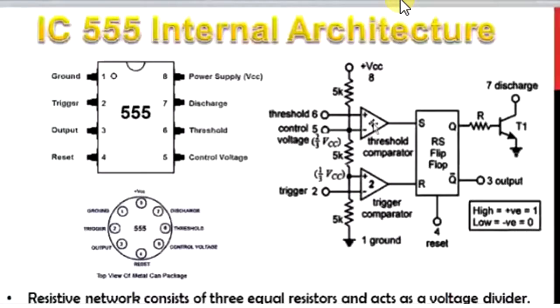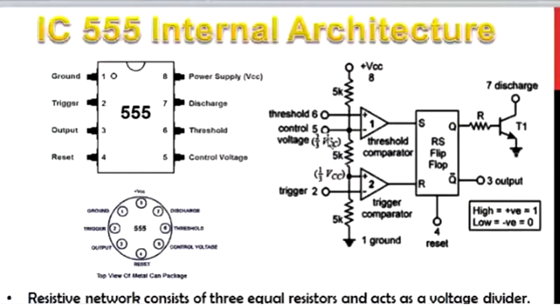One is called the threshold comparator, and the other is called the trigger comparator. At this point the voltage will be 2/3 VCC, which is given to the inverting terminal of comparator 1. There is another resistor which will divide the value into 1/3 VCC. For the trigger comparator, this 1/3 VCC is given to the non-inverting terminal.